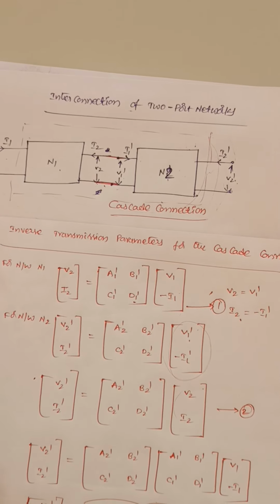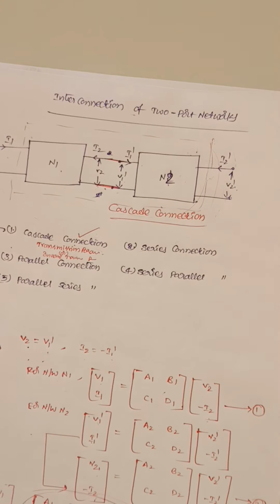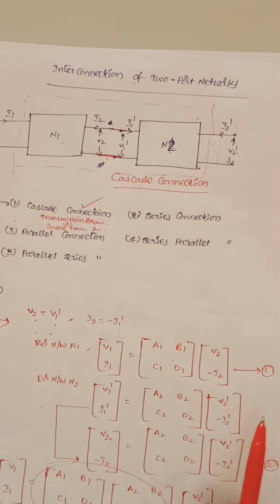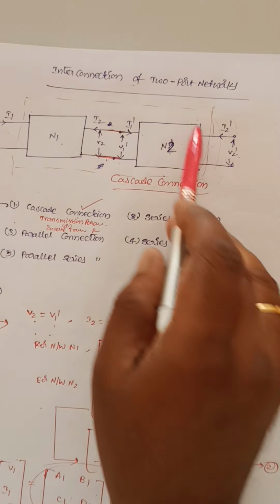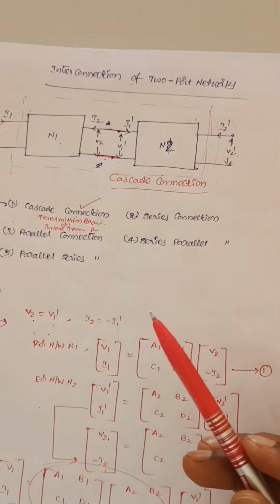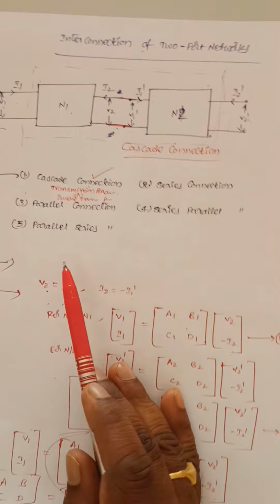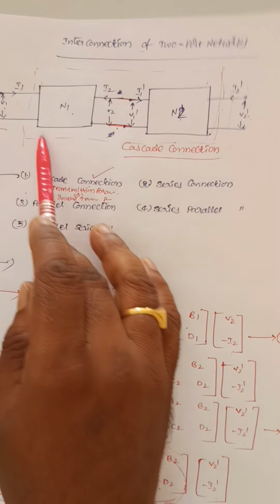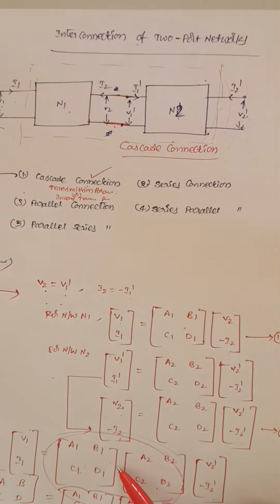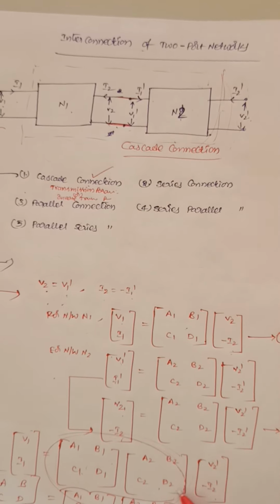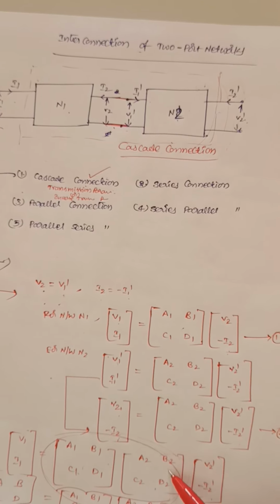Previously, if I want to find the equivalent transmission line parameters of this cascade connection, you just need to multiply the transmission line parameters of N1 first and the transmission line parameters of N2 second, A1, B1, C1, D1 like this.